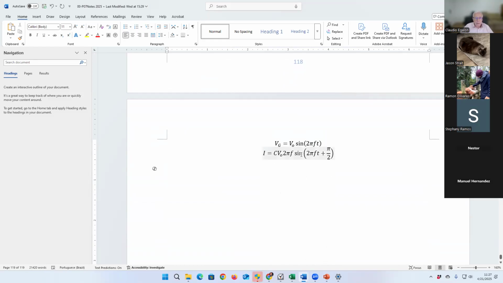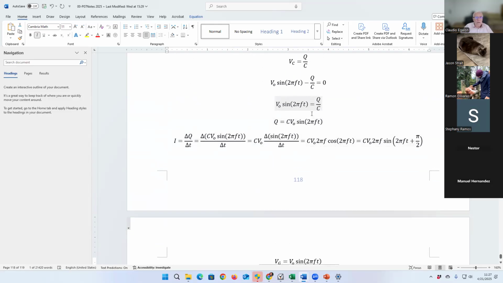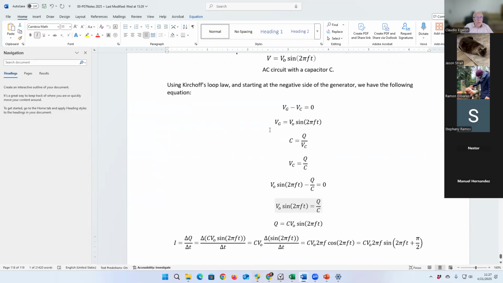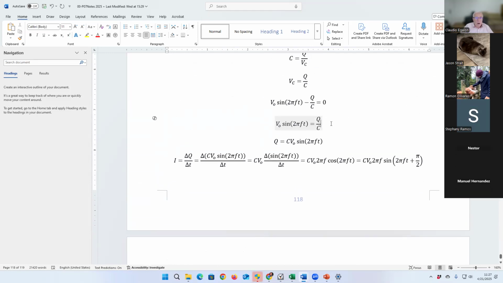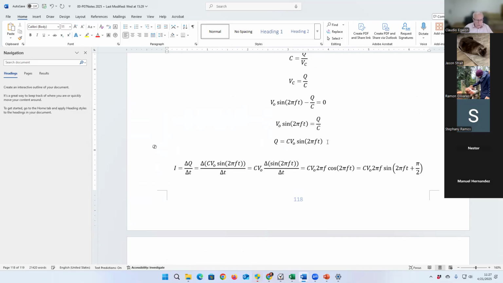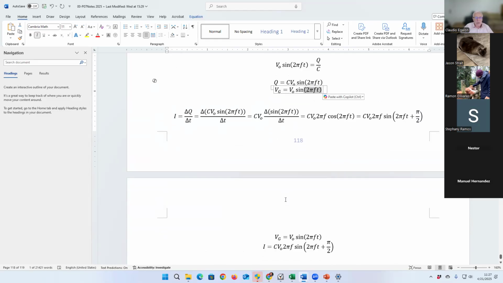Note, the sine function is the same, but the argument is different. Let's go back to the charge. The charge is in phase with the voltage because the argument of the sine is the same, but not the current. The current is not in phase with the voltage.